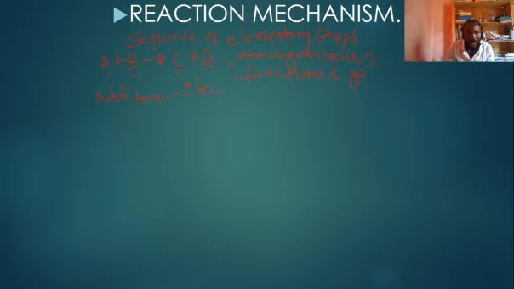We'll look at electrophilic addition reaction, where we will be looking at reactions that proceed with the formation of a carbocation, and reactions that proceed with the formation of a pi complex. Those are the two in electrophilic addition reaction. This is what we are going to see.